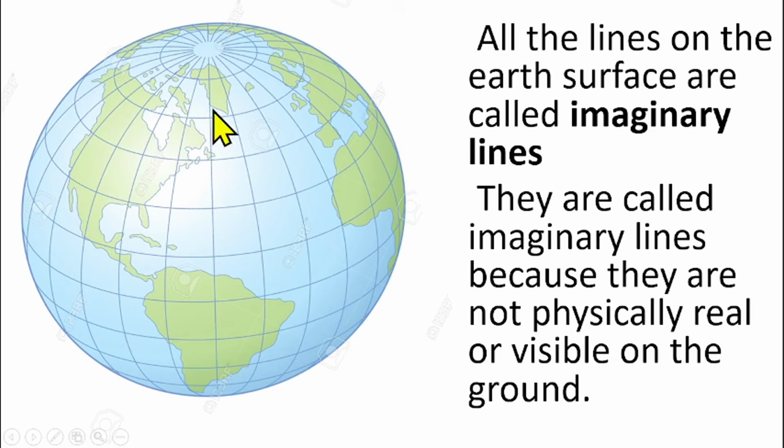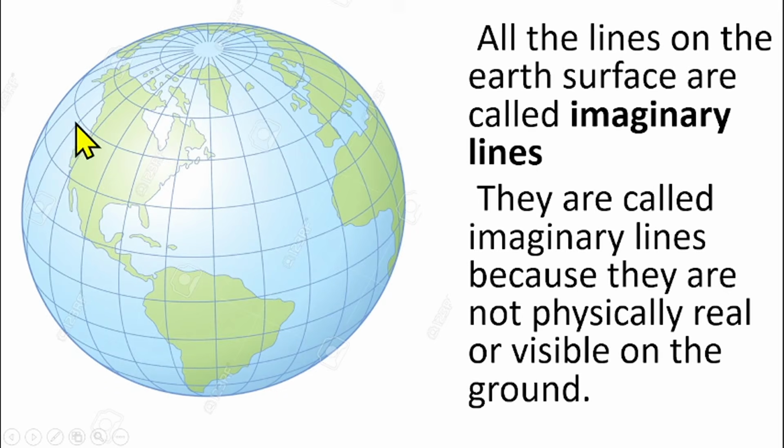Then those vertical ones that come from north, up down, are called the lines of longitude. So when you cut your orange vertically up down, the line that is formed there is called the line of longitude.